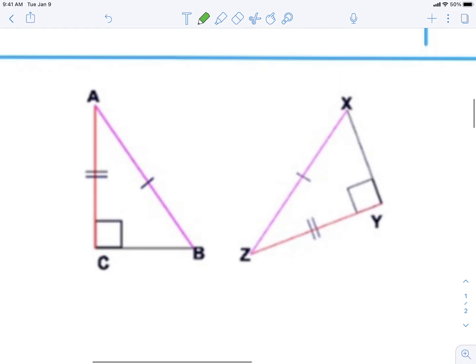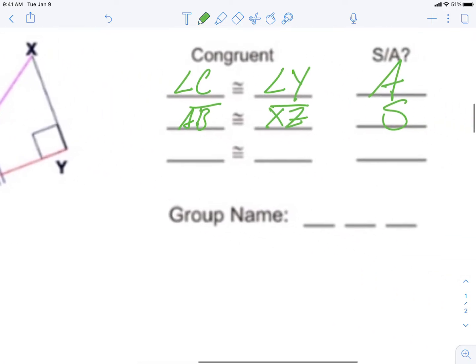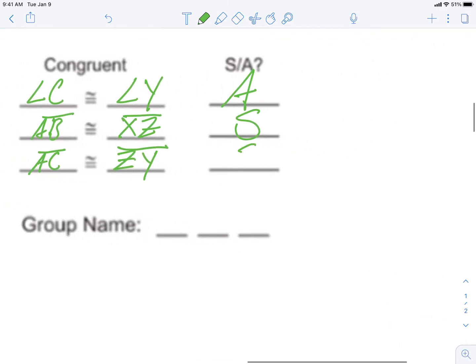Finally, here we have this double dash. AC is congruent to double dash ZY, and that's also a side.